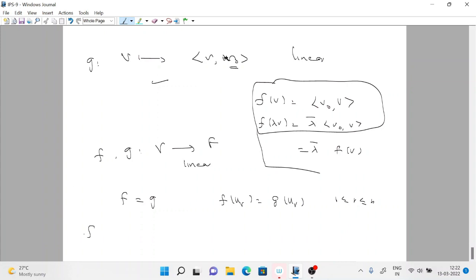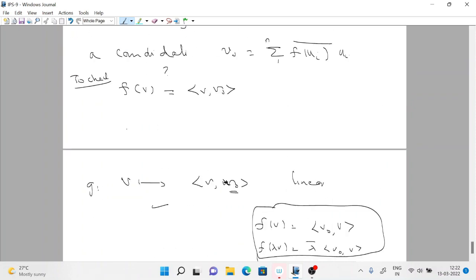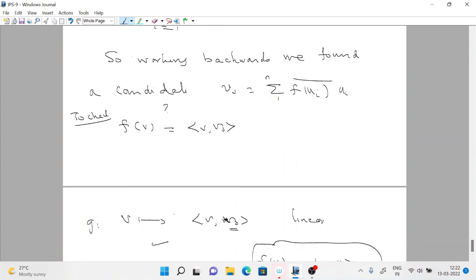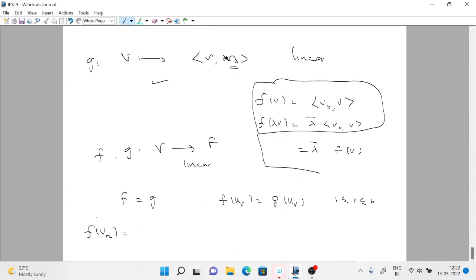But what is f of UR? According to our definition, f of UR bar is CR, therefore f of UR is CR bar, right? But what is G of UR? G of UR is the inner product of UR with the summation Ci UI.